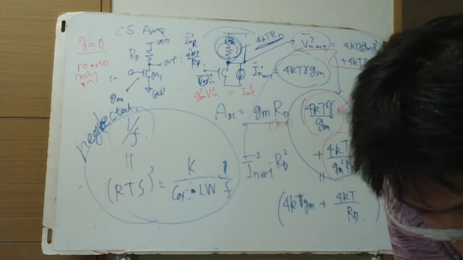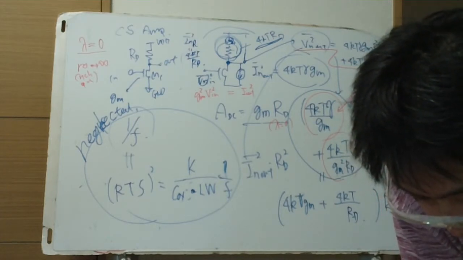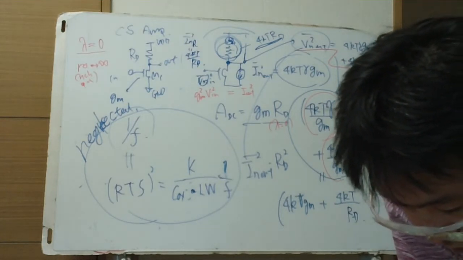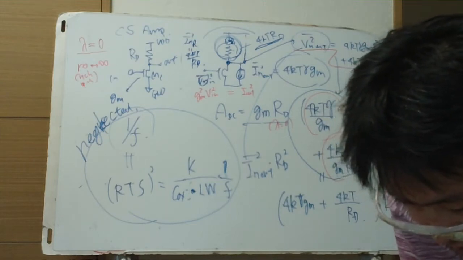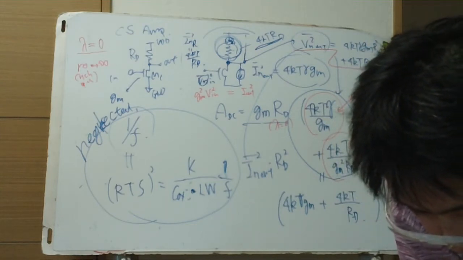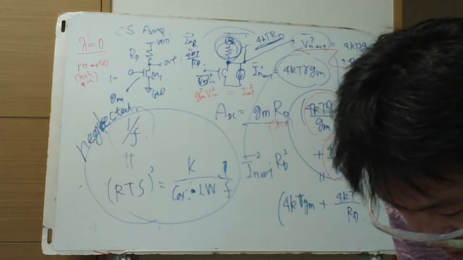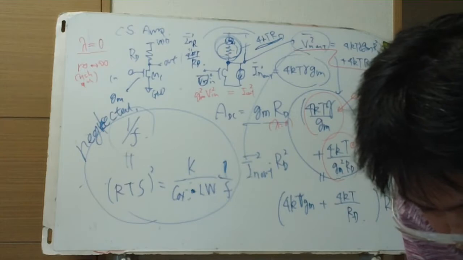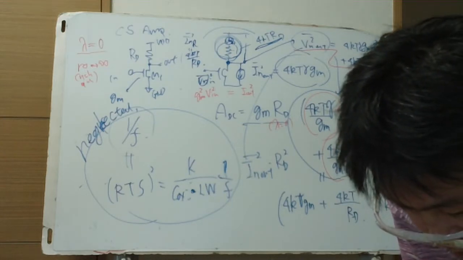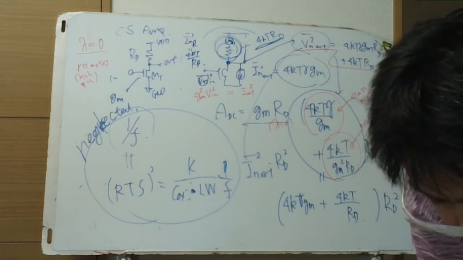In this, we must identify the sources of noise and find the transfer function to the output, and multiply these spectra by the squared magnitude of the transfer function. As a result, we model the thermal and flicker noise of M1 by 2 current sources. We also represent the thermal noise of RD by a current source.